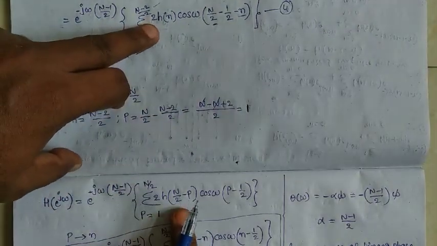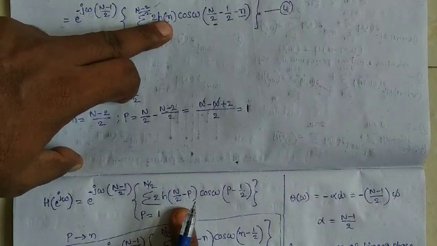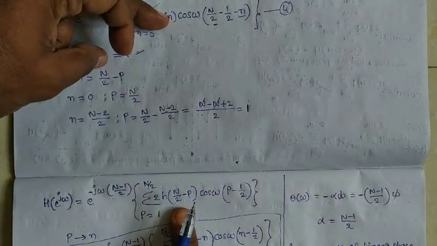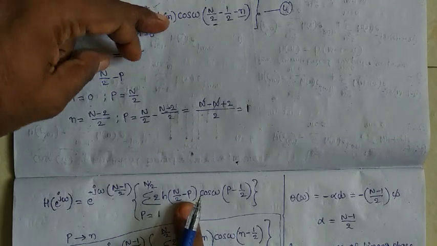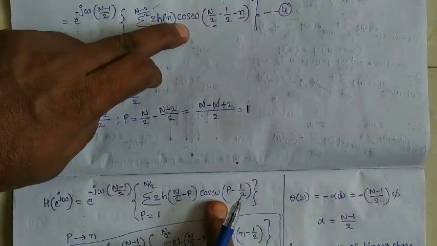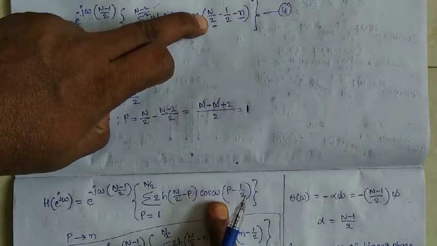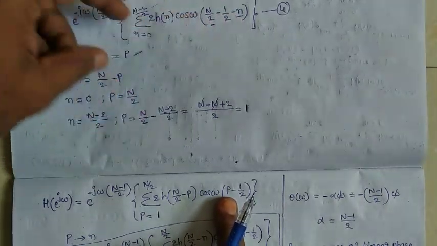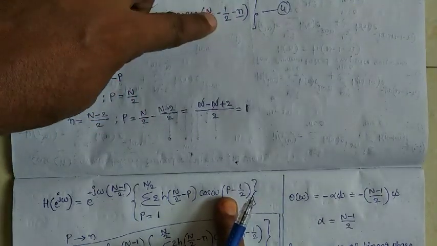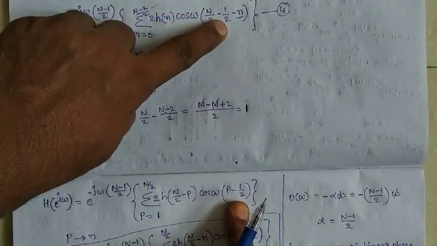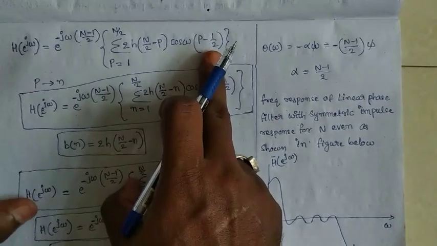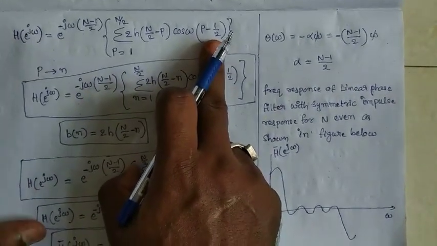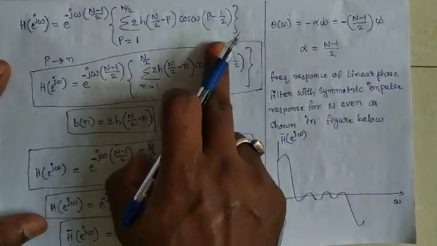Here 2 into h of n, where n is equal to N by 2 minus p, into cos omega of, here N by 2 minus n value is p, so p minus 1 by 2.